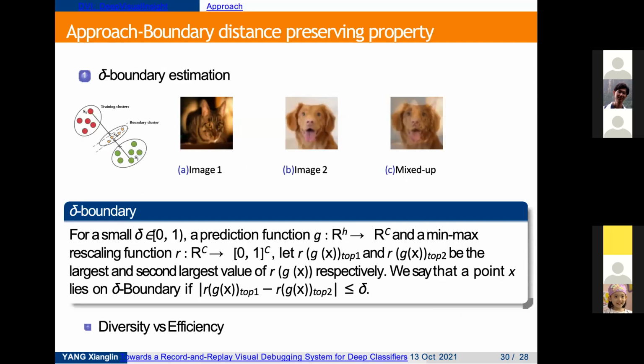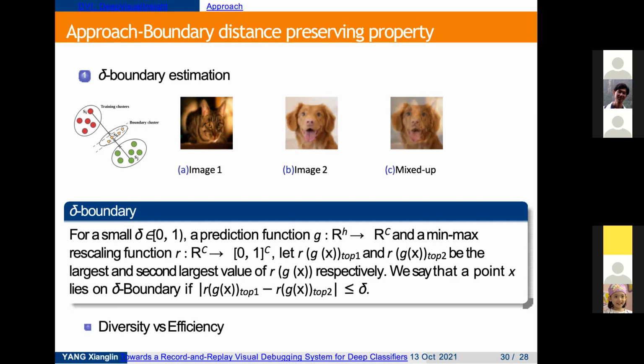And then for the boundary distance preserving property, the first step is to estimate the boundary. And in our paper, we first give a formal definition of a delta boundary. We wanted to find boundaries.